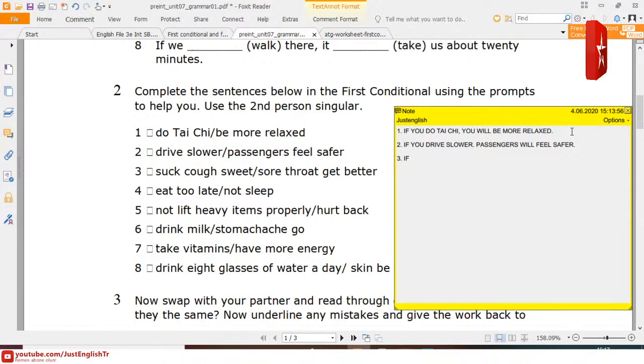Yes, if you suck cough sweet, the sore throat will get better. Yes, sore throat will get better is the correct answer for number 3.